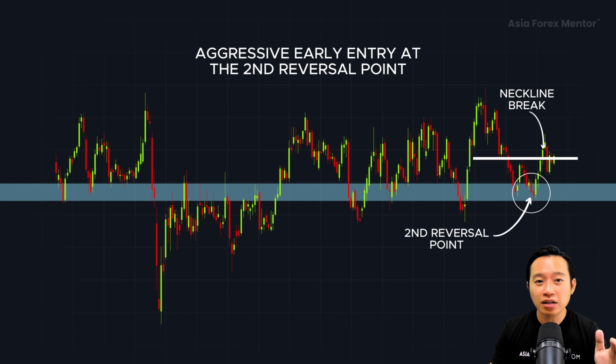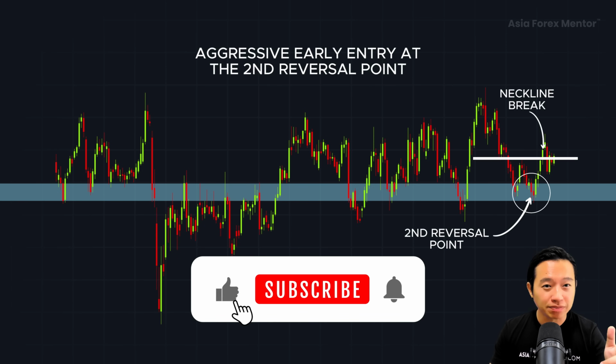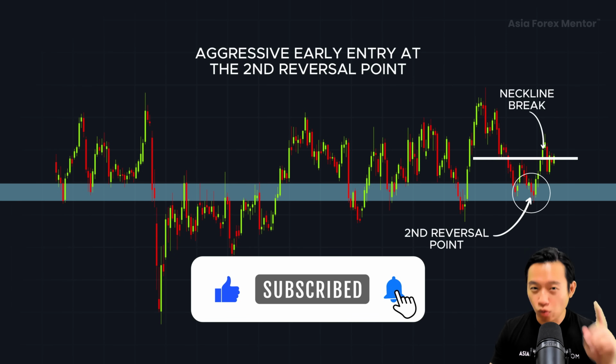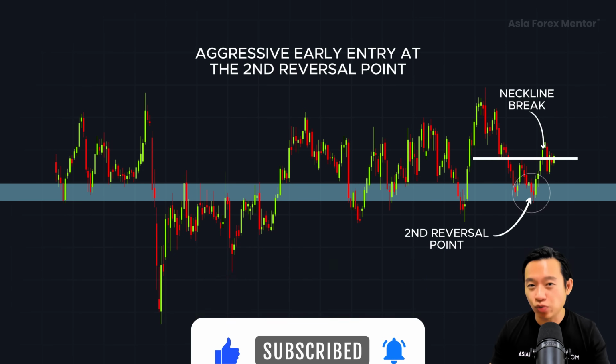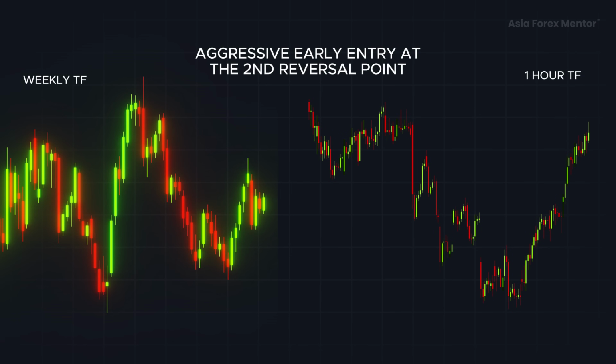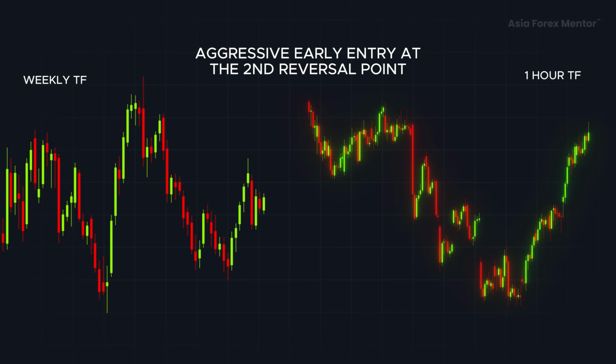After you had the long with the candle, you want to look inside of it on the lower time frame for any form of price action that signals a trend change from a downtrend to an uptrend. So let's pull up the 1 hour time frame and put it beside this one. On the left is the weekly time frame, which is what we just looked at. Now on the right is the 1 hour time frame.